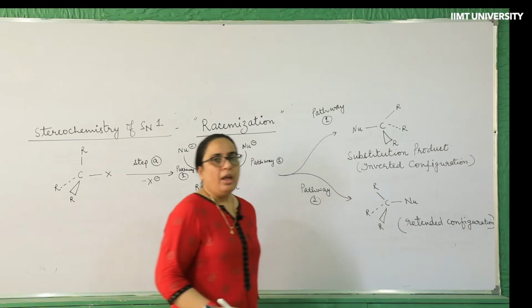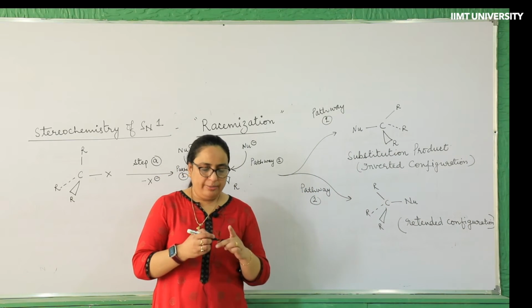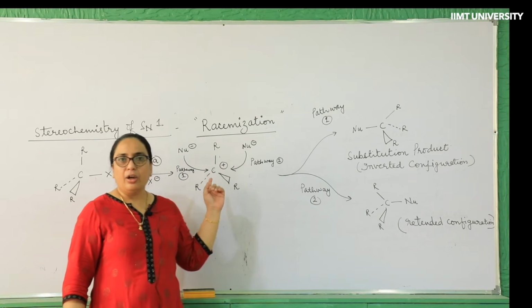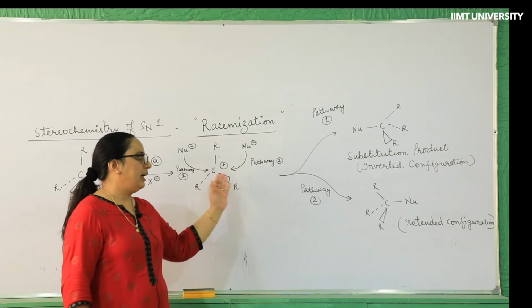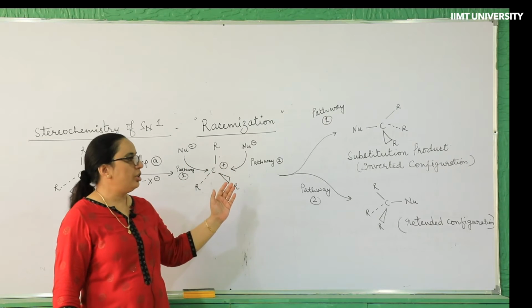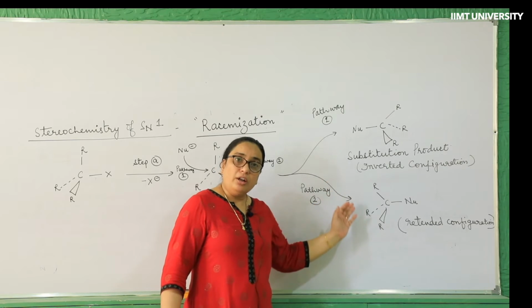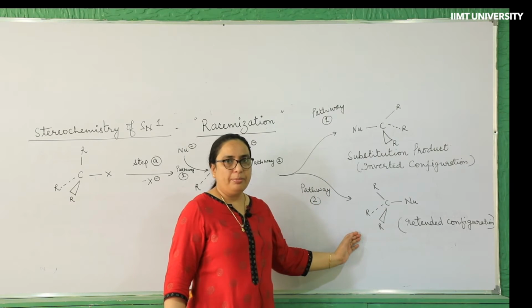So, as per the stereochemistry of SN1 reaction, the nucleophile can attack on the carbon of the substrate from either side, resulting in the formation of the inverted configuration product or the retained configuration product.